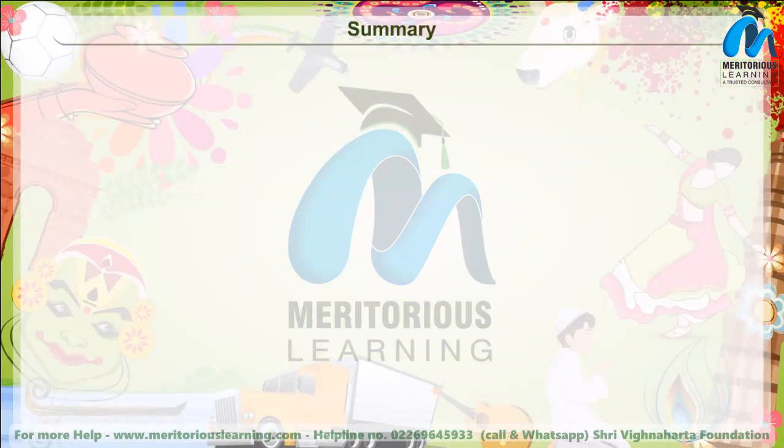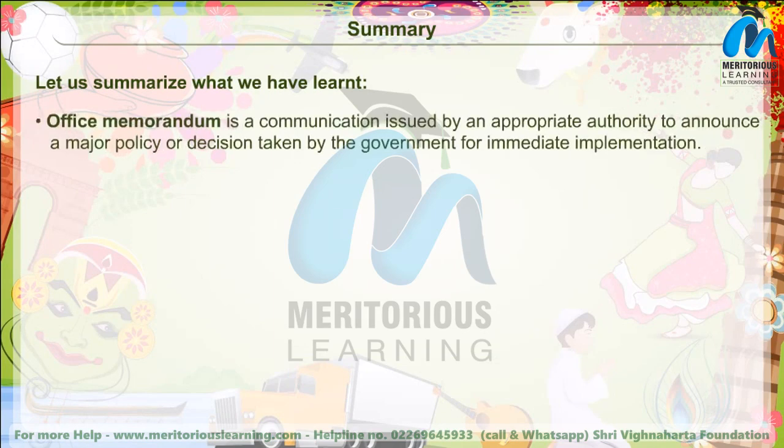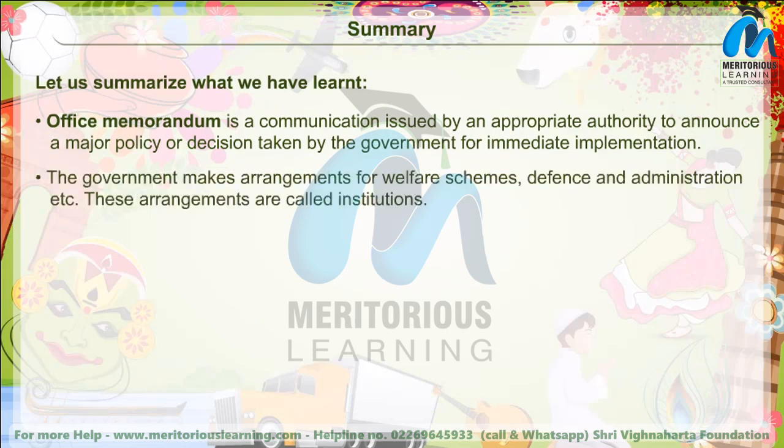Summary. Let us summarize what we have learned. Office Memorandum is a communication issued by an appropriate authority to announce a major policy or decision taken by the government for immediate implementation. The government makes arrangement for welfare schemes, defense and administrations, etc. These arrangements are called institutions.